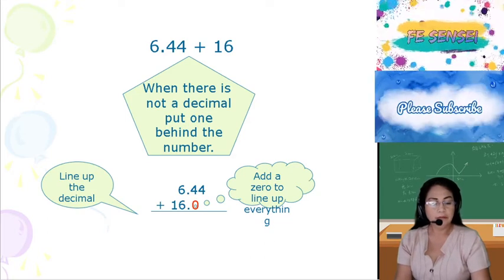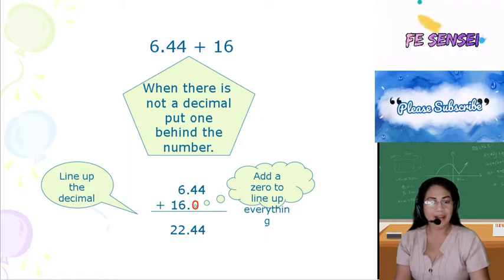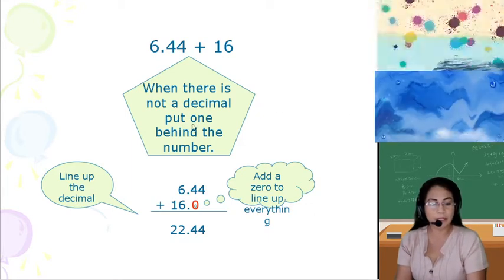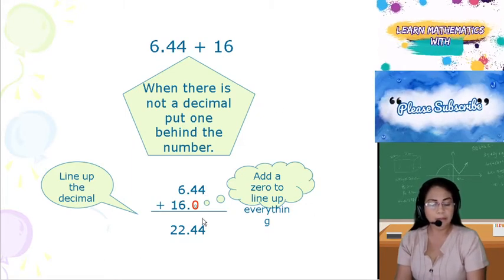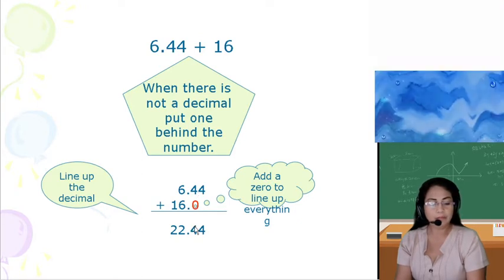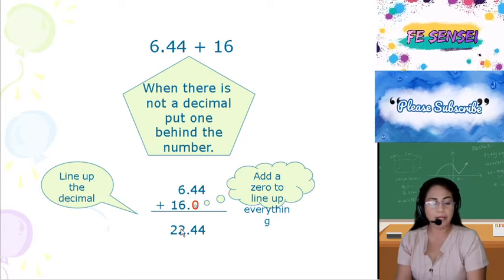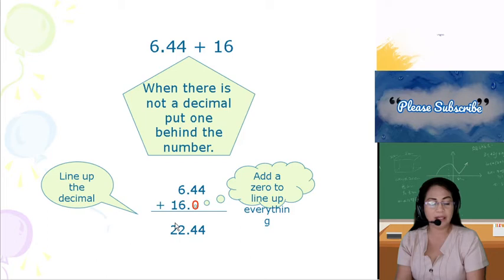Again, from right to left. 4, bring down 4. 4 plus 0, it's 4. Then 6 plus 6 equals 12. Carry 1. 1 plus 1 equals 2.